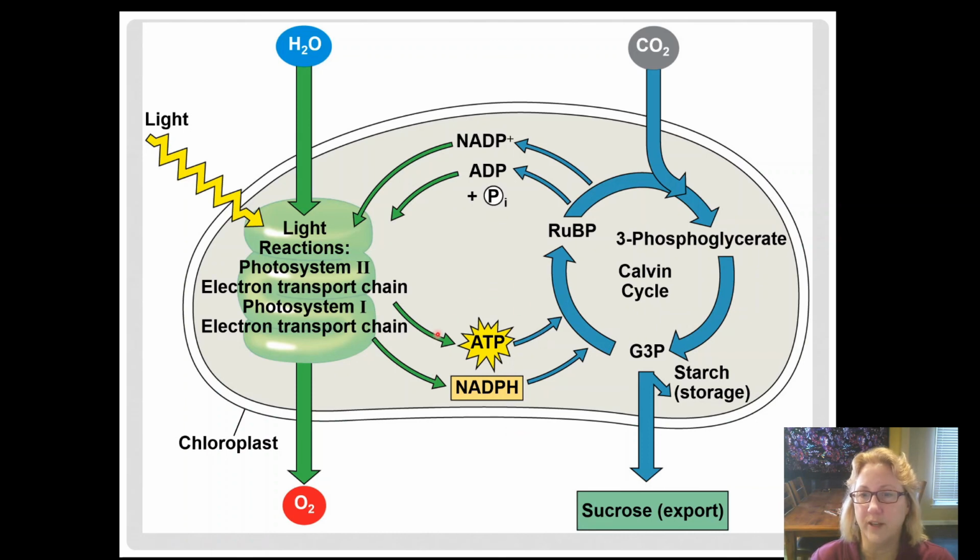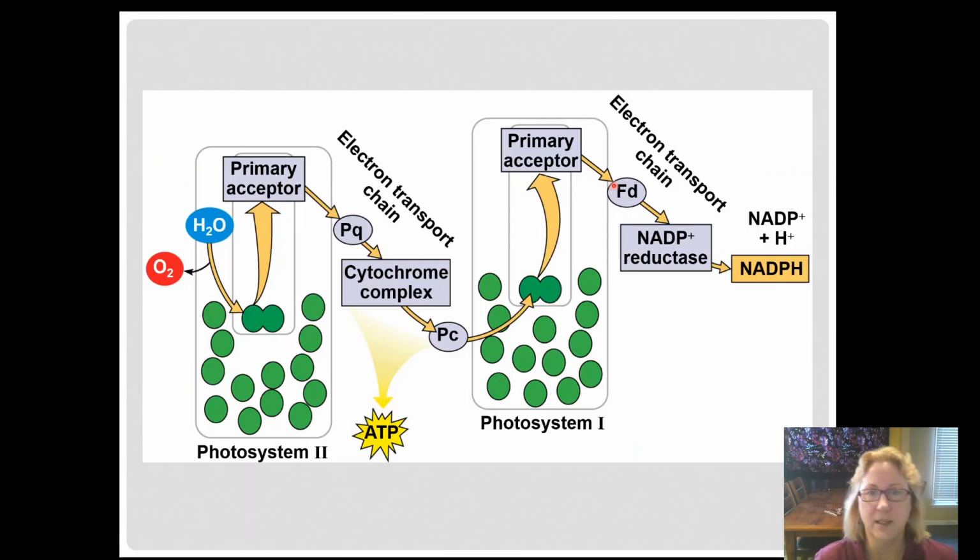We have 2 forms of energy then going on to the synthesis reactions: the electrons from NADPH are used to reduce CO2 to sugar, and the ATP is used for destabilizing bonds in order for reactions to be spontaneous so that they can occur. So here's our linear electron flow again: photosystem 2, electron transport chain, photosystem 1, to the enzyme that reduces NADP plus to NADPH.